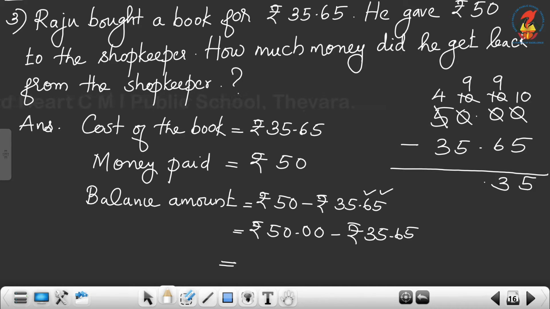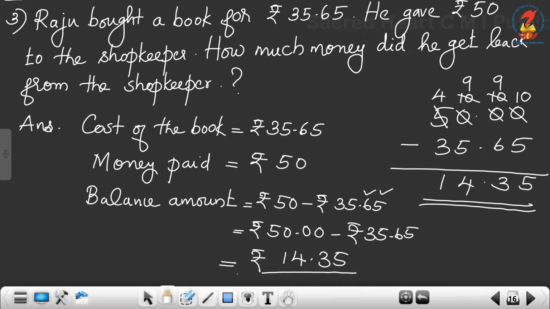Next decimal point comes, put the decimal point. 9 minus 5, 4. 4 minus 3, 1. So rupees 14.35. So rupees 14.35 means 14 rupees 35 paise. So the balance amount is rupees 14.35.